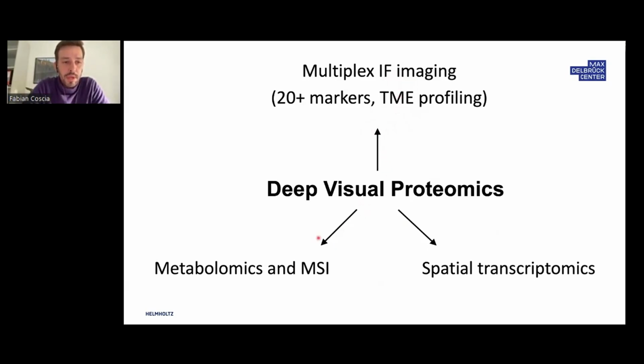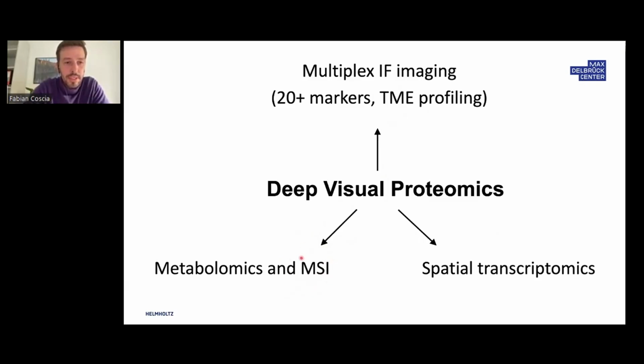At the same time, we can also couple this concept to metabolomics. I'm sure there will be very exciting talks in this session later on, where we can, for instance, take a serial section and then use reference points to identify exactly the same tissue regions from a consecutive section, and in that way analyze not only the metabolic profile, but also the proteomic profile for multimodal analysis.